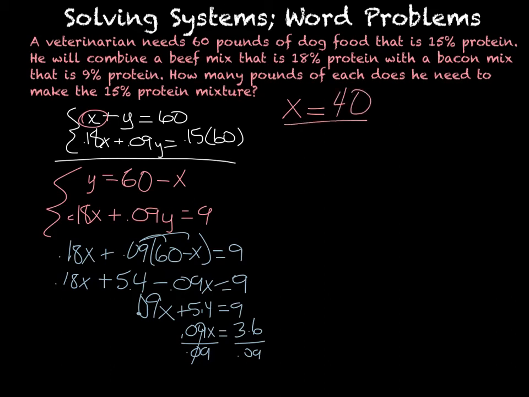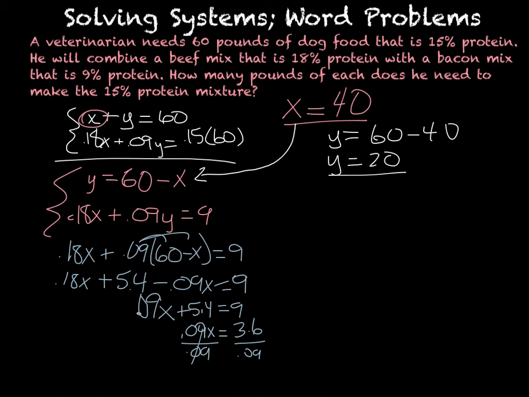Once we have x, then we take that x and we put it into one of our original equations. So if I put the x in here, then I have y equals 60 minus 40, so y equals 20. Now, what does this information mean? You need to tell me what that means.